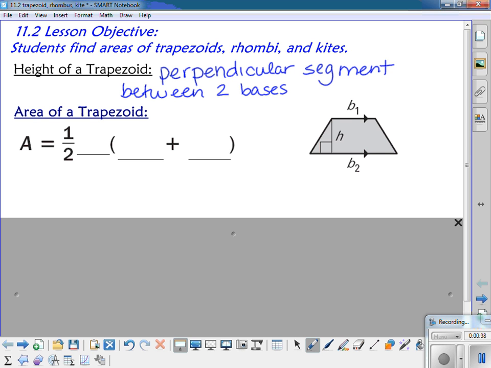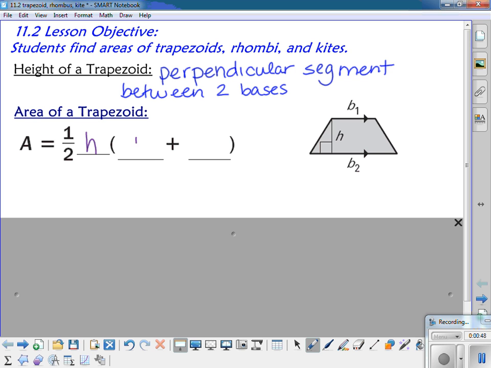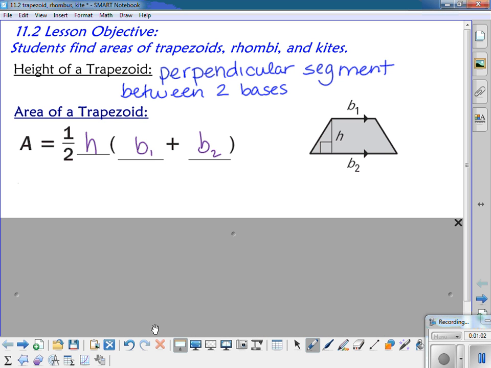So if I want to find the area of a trapezoid, the formula is 1/2 the height times base 1 plus base 2. So I'm wondering, does that look familiar? Does that remind you of anything? Well, deep in the recesses of your brain, we learned about the midsegment earlier this year.